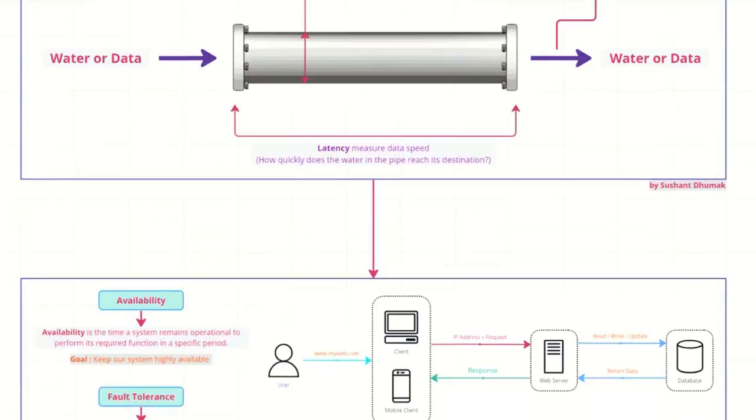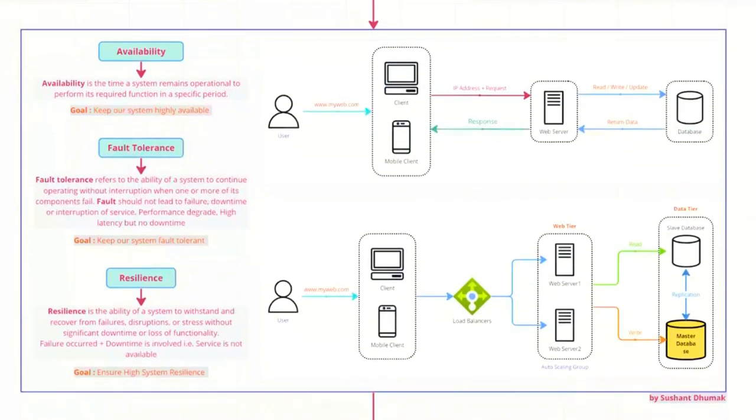And today we are going to look at some more concepts. These are also important, and they are somewhat related to availability. We have seen that the availability definition is the time a system remains operational to perform its required function in a specific period. And our goal is to keep our system highly available.